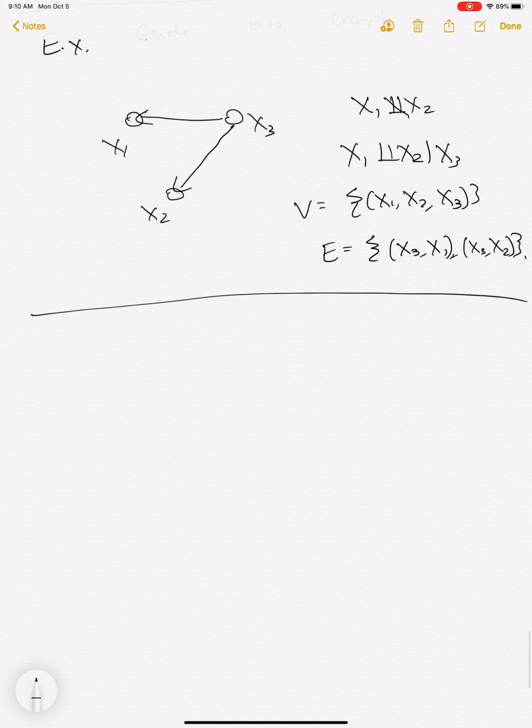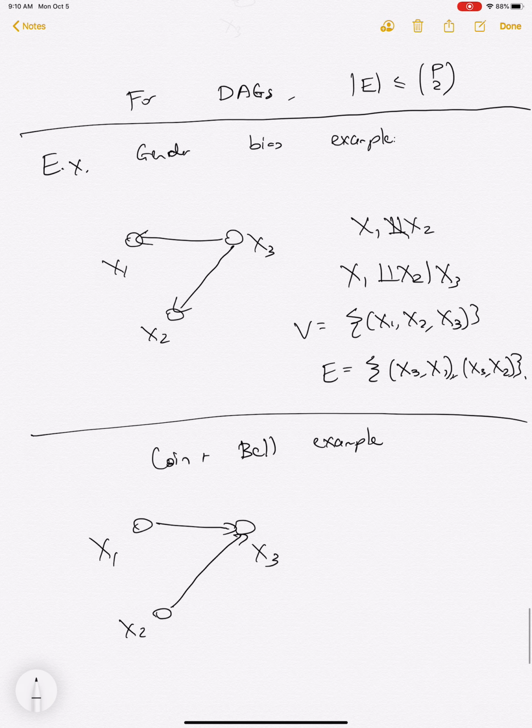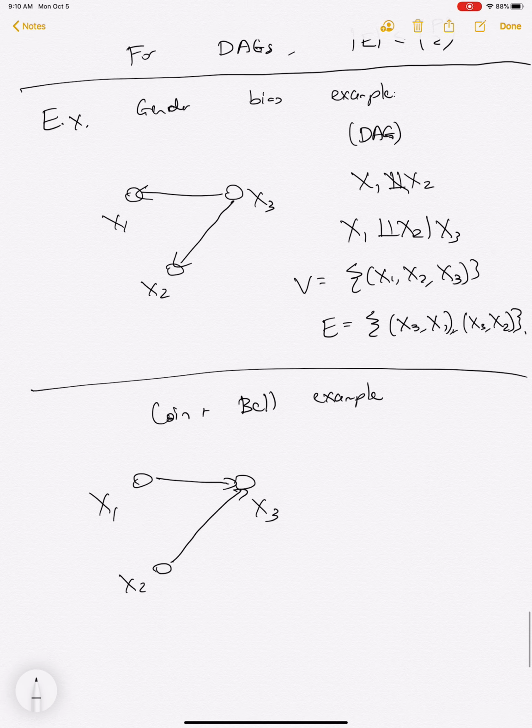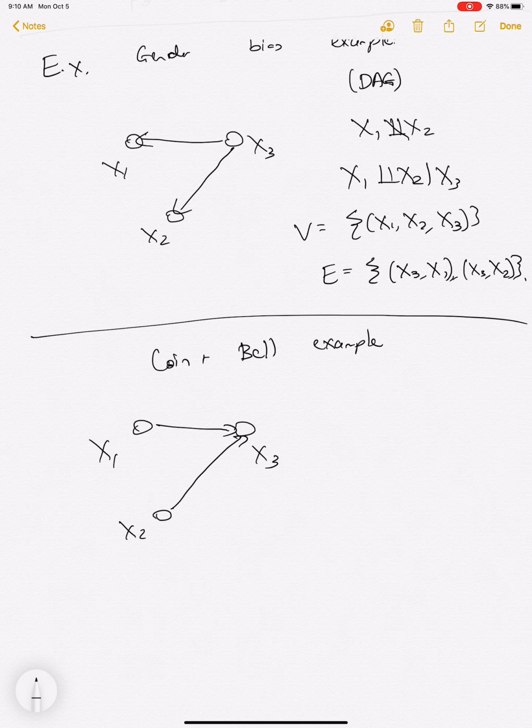And if we look at the coin plus bell example, these are both DAGs again. So this is again a DAG, a directed acyclic graph. Obviously we had these conditional independence relationships: x1 was independent of x2, but x1 was dependent on x2 given x3.